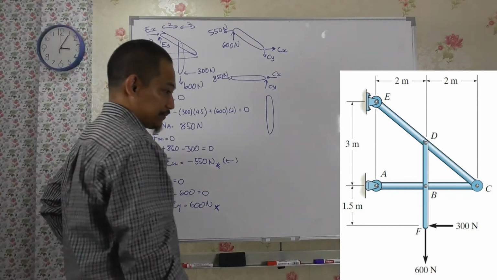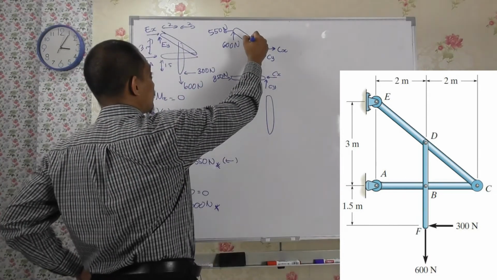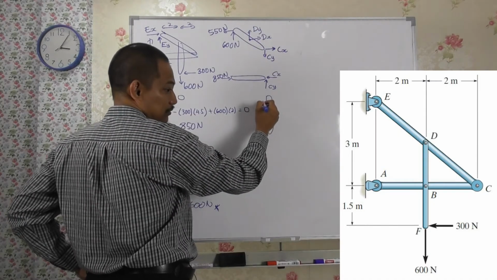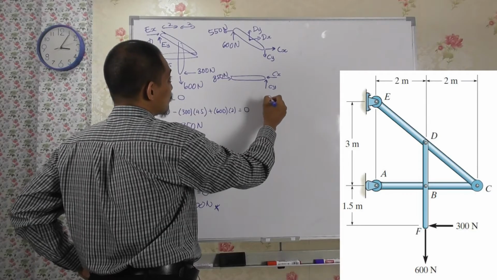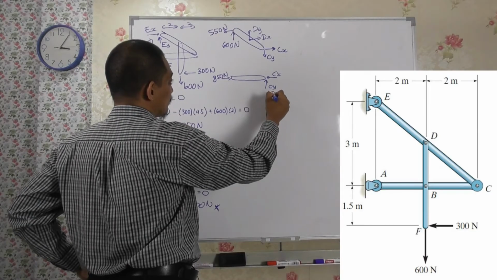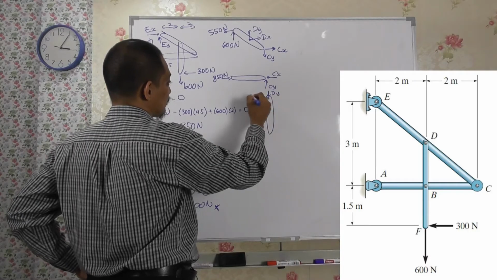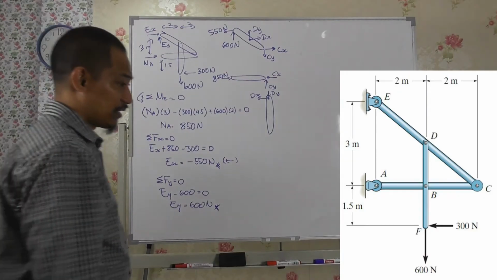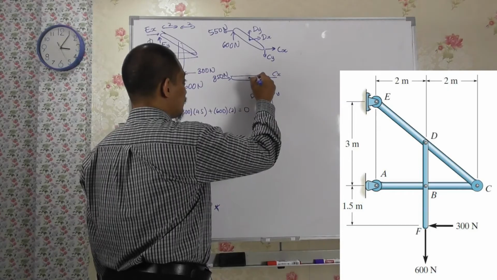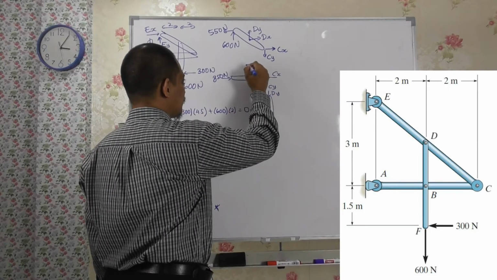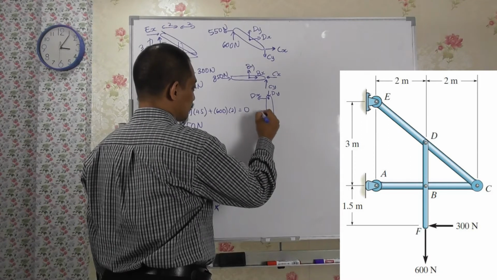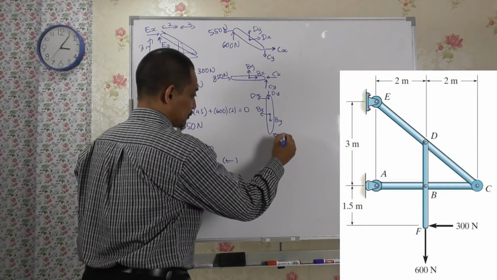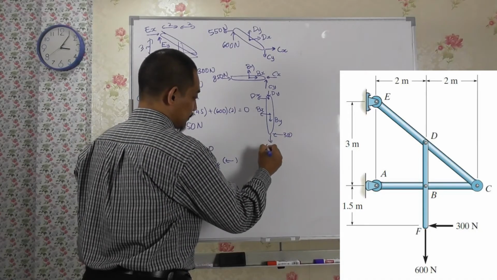And then at point D, for example Dx, Dy, it will relate to the top one here, so the y is over there, the x is over there. And then at point B, Bx, By, which should be corresponding, and then you have forces here, 300, 600.